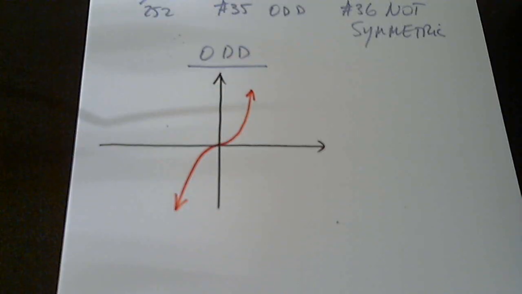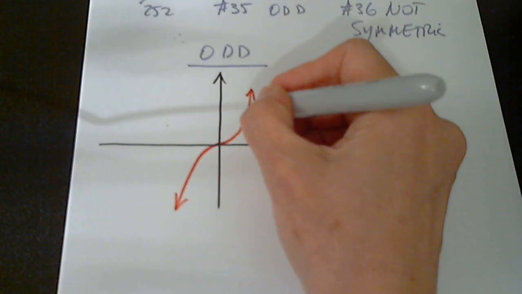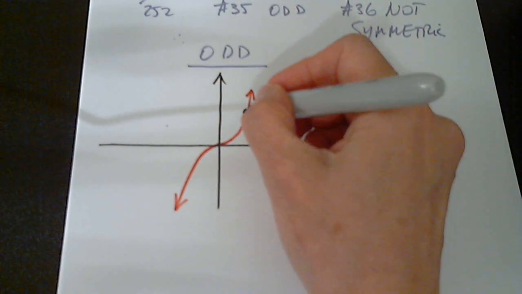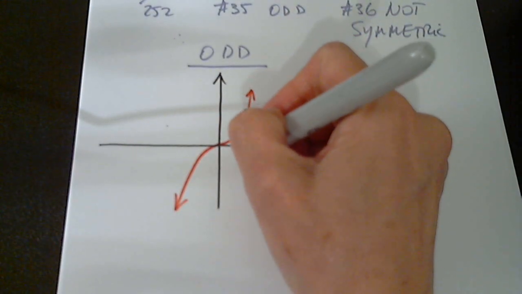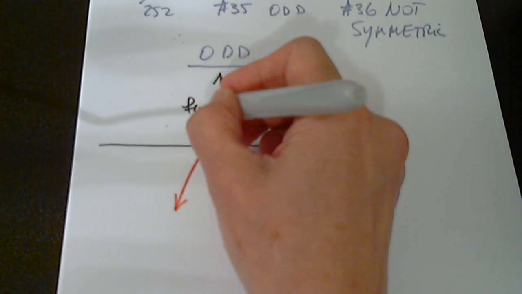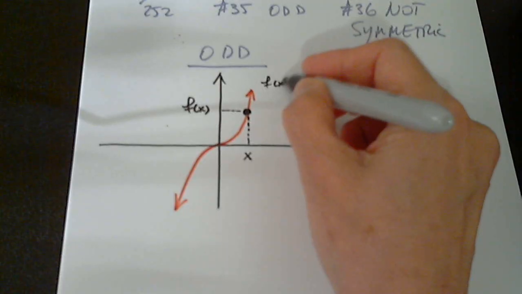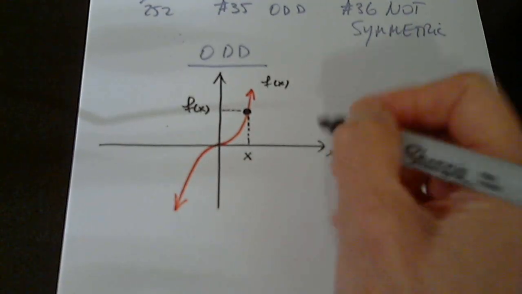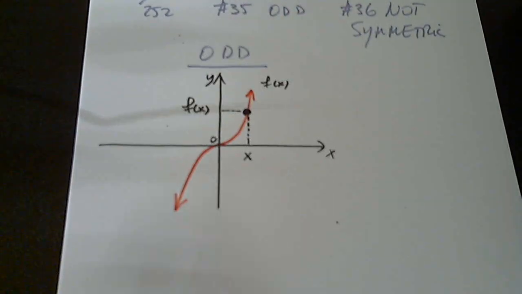This is indeed an odd function. I'm going to choose a point here, and I'm going to say this is x. And of course, this must be f of x, as we know. So this is f of x, the graph of f of x, and x, the origin, and y.